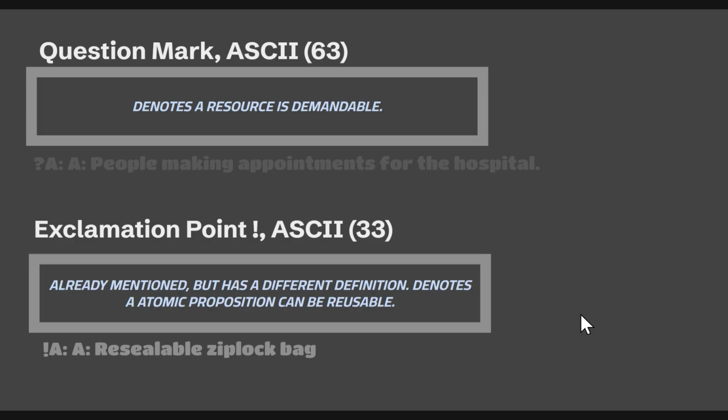Question mark denotes a resource is examined. For example, an appointment for a doctor is available because people can call whenever they need. Exclamation point denotes that an atomic proposition can be reusable, such as a resealable bag.